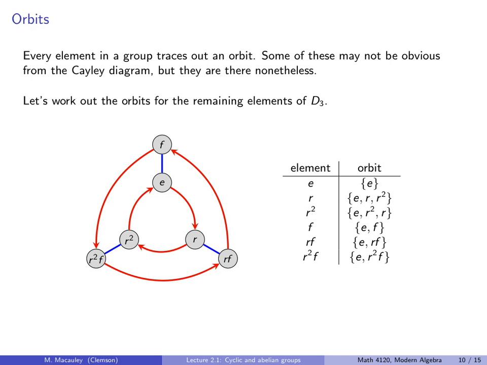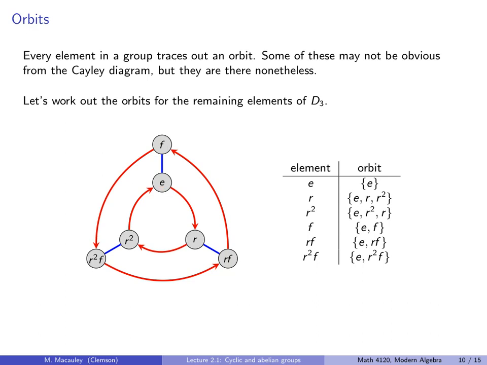So we've done E and R. Let's continue with R squared. If I keep applying R squared, I get R squared, and then R, and then back to the identity. So the orbit for R squared is actually the same as the orbit for R. Even though I've written them in different orders, these are the same set. Now the orbit of RF, so let's apply RF, RF, and we get back to the identity.